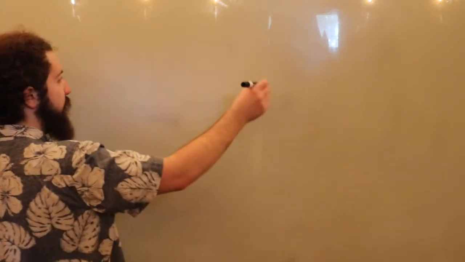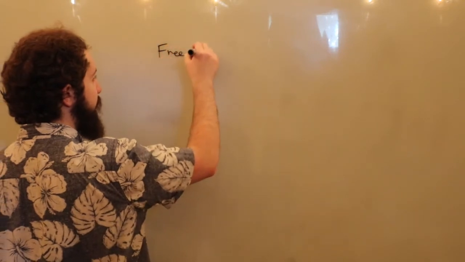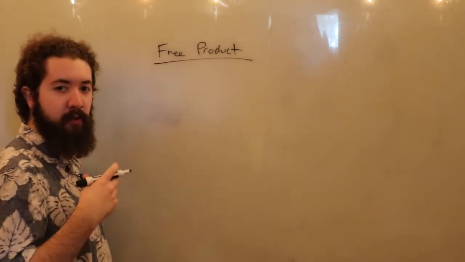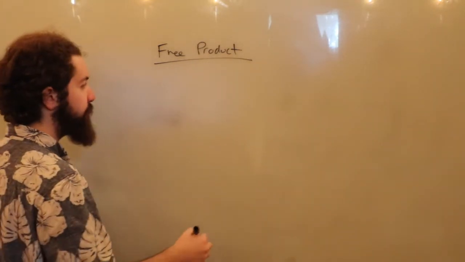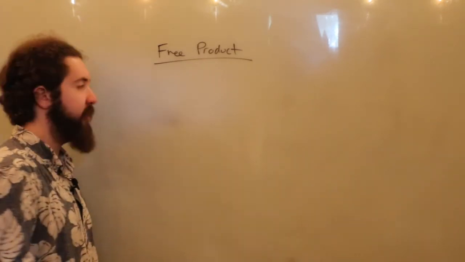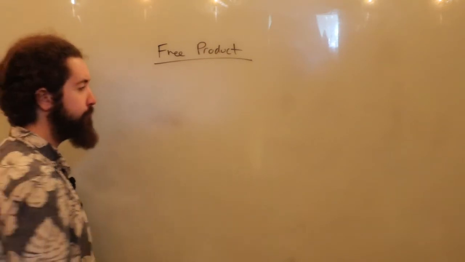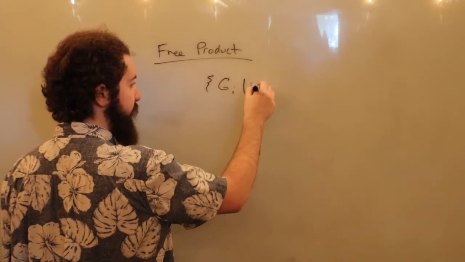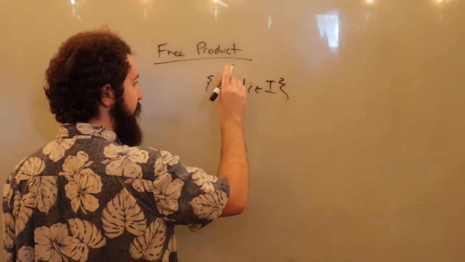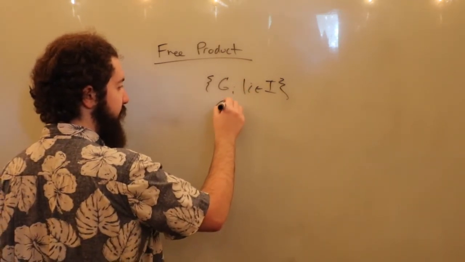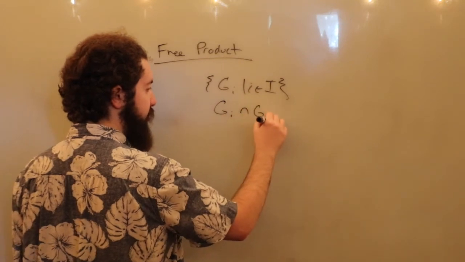Okay, now let's talk about free products. The free product of a family of groups is another way to form a new group out of old groups, just like the direct product or the semi-direct product. So let's suppose we have a family of groups G sub i indexed by this set capital I, such that G sub i intersect G sub j is the empty set.